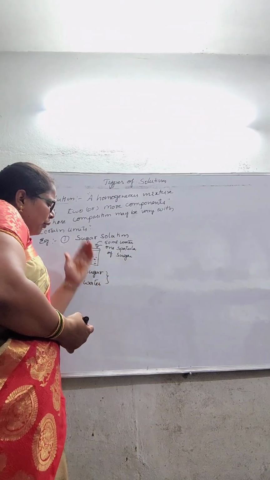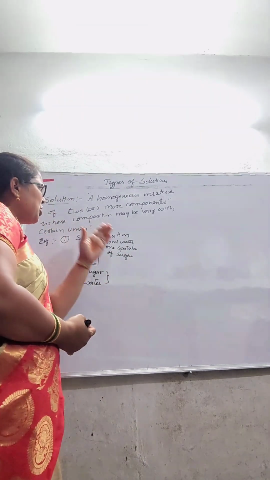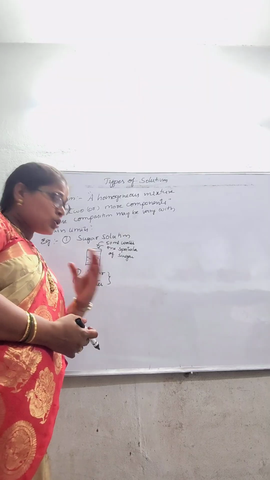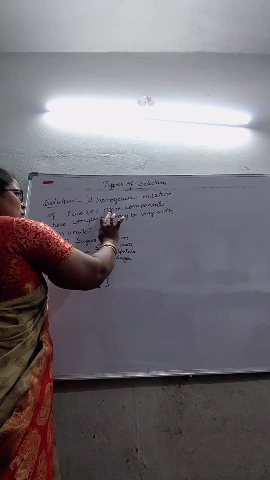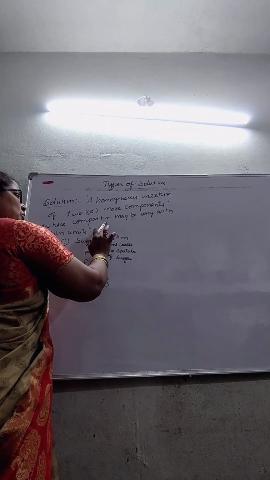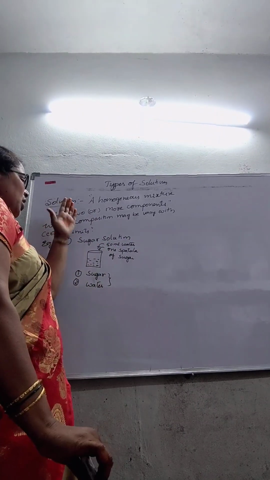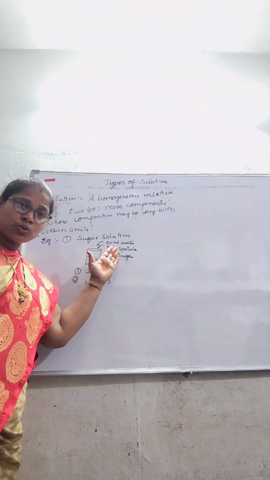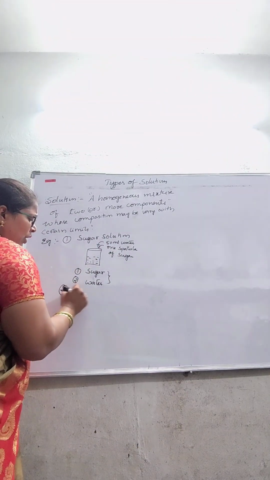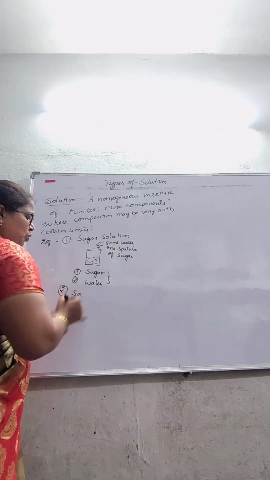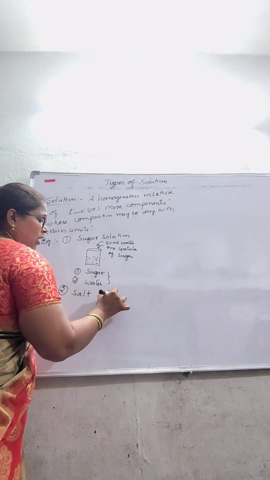If you increase the sugar quantity, what will happen? That will not remain a homogeneous mixture. Understand? So a solution means a homogeneous mixture of two or more components whose composition may vary within certain limits. An example is the sugar solution. You can also prepare a salt solution: instead of sugar, if you add salt to water, that is called a salt solution.